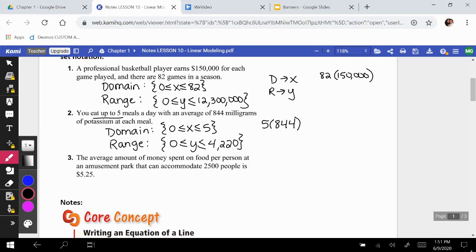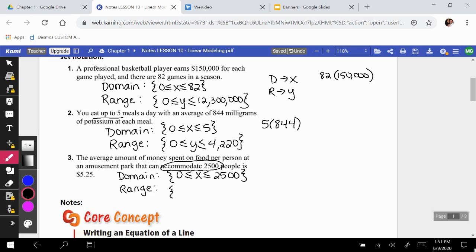Well, the number of people that are coming to the park is going to determine how much money is spent on food. So we're going to say that the input or the domain is number of people. So what's the lowest number of people that can come to the park? Well, no one could come to the park. That's possible. What's the most people that can be in the park at one time? Well, it says the park can only accommodate 2,500 people. So I'm going to say that the max would be 2,500.